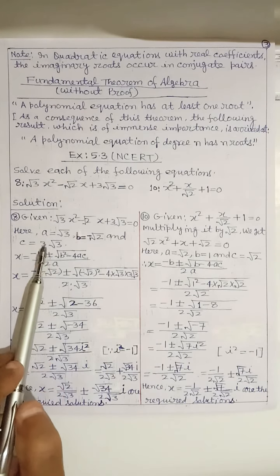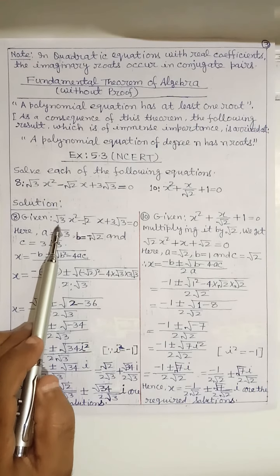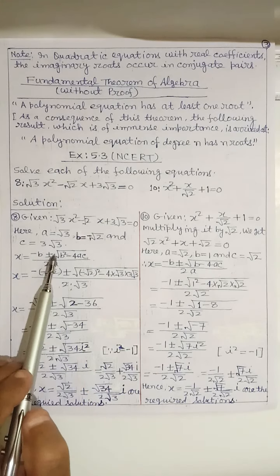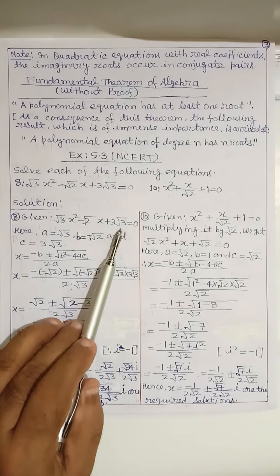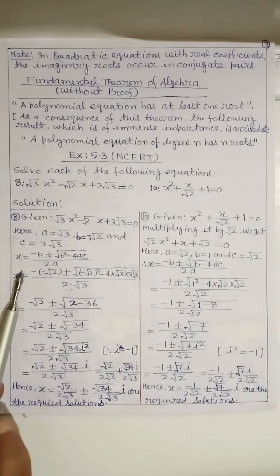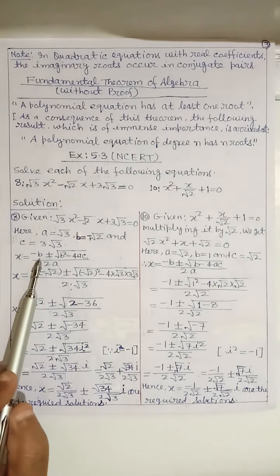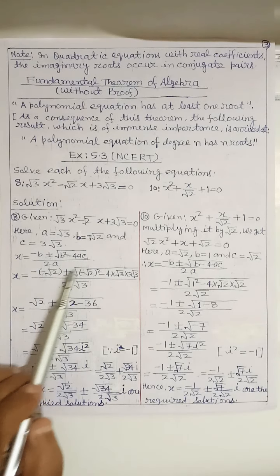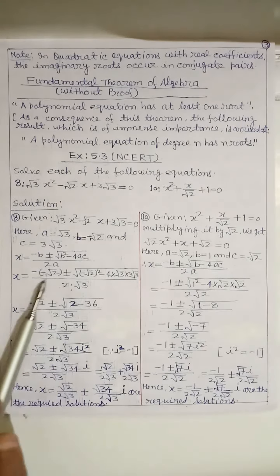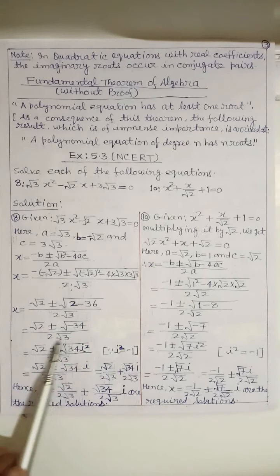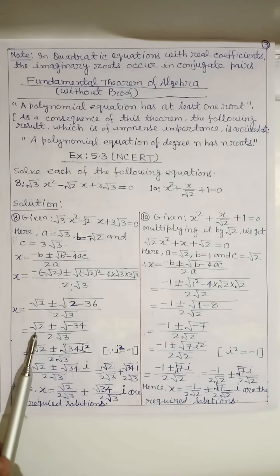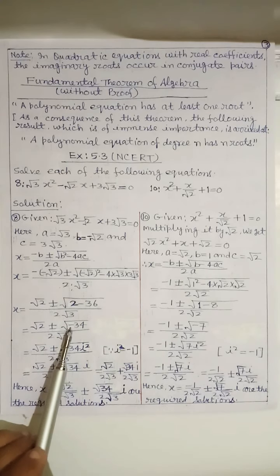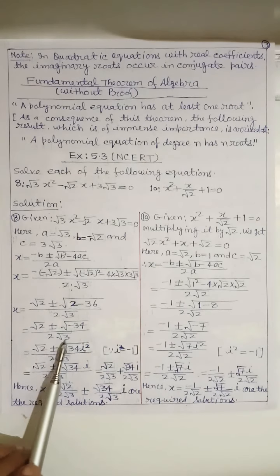Dear students, here we have a equal to root 3, b equal to minus root 2 and c equal to 3 root 3. Therefore, x is equal to minus b plus minus square root of b square minus 4ac by 2a. We solve this and we get x is equal to root 2 plus minus square root of minus 34 by 2 root 3.